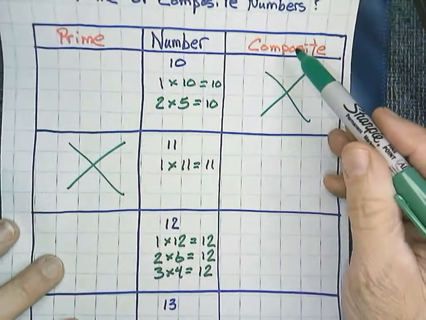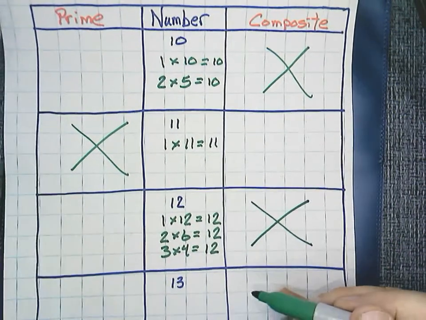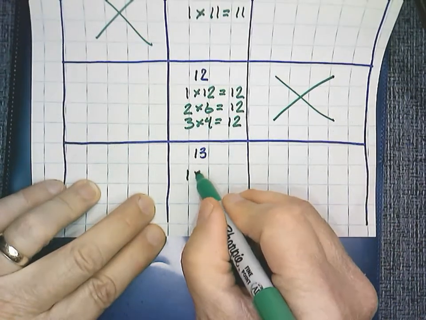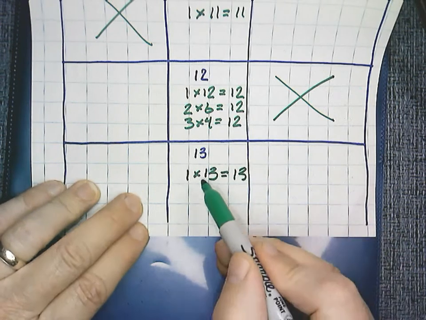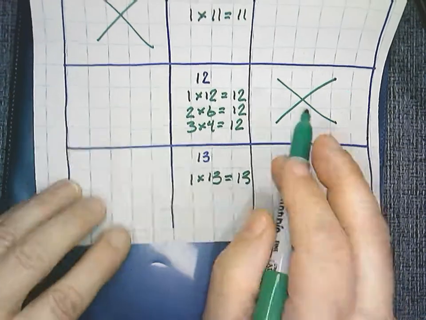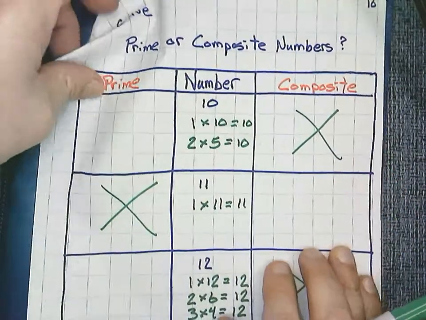That is definitely more than 2. That is a composite number. And finally, 13. Well, the only way that I can get 13 is 1 times itself, right? Which is 1, 2 factors. That would put us in the prime number category.